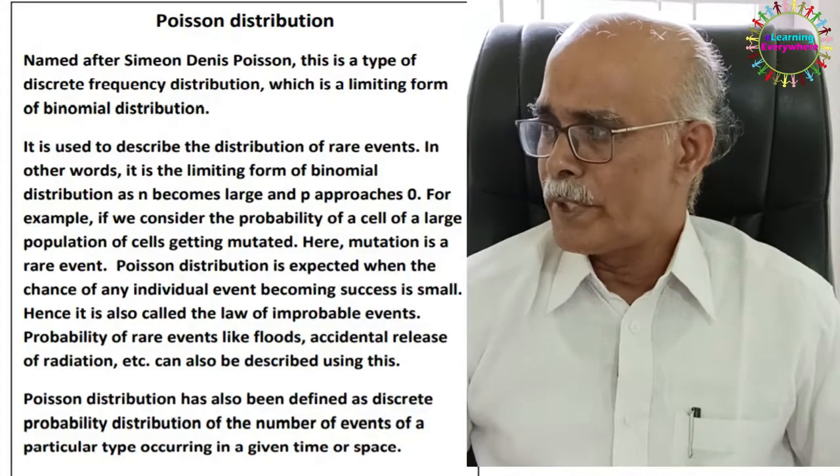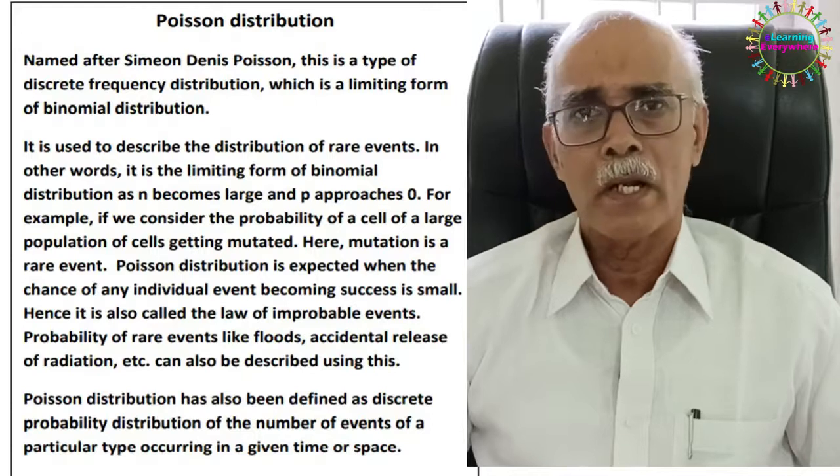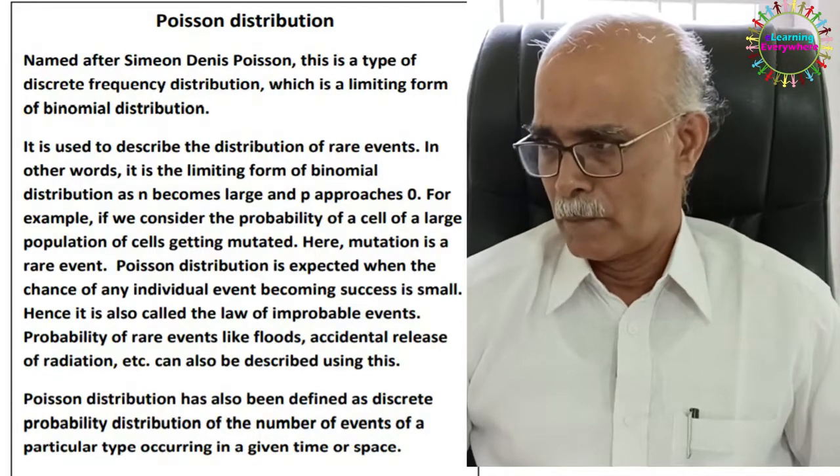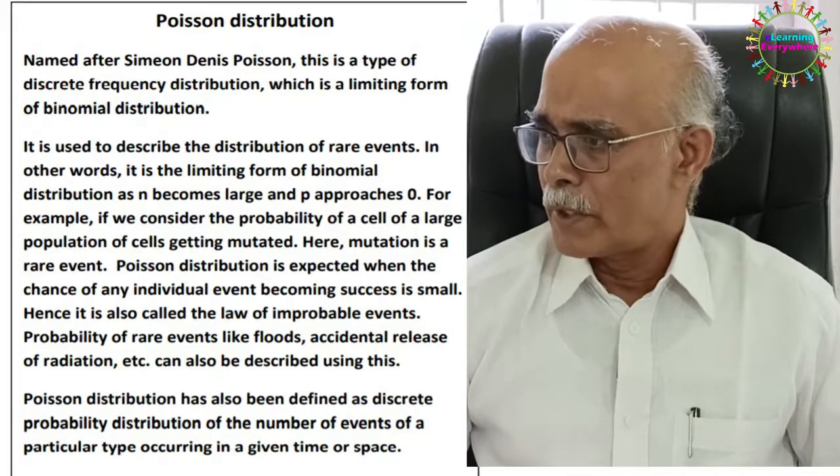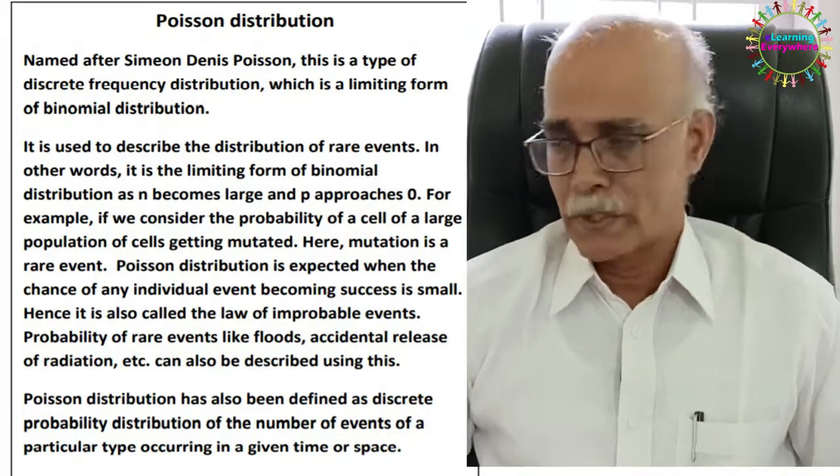Named after Simon Denis Poisson, Poisson distribution is a type of discrete frequency distribution which is the limiting form of a binomial distribution. It is used to describe the distribution of rare events.